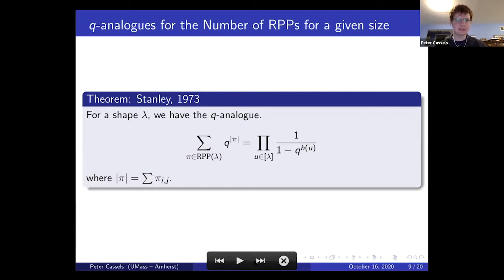Did that answer your question? Yeah, I was just trying to relate it to the famous way to enumerate partitions, 1 over 1 minus q to the n in that case, which is like the geometric series.